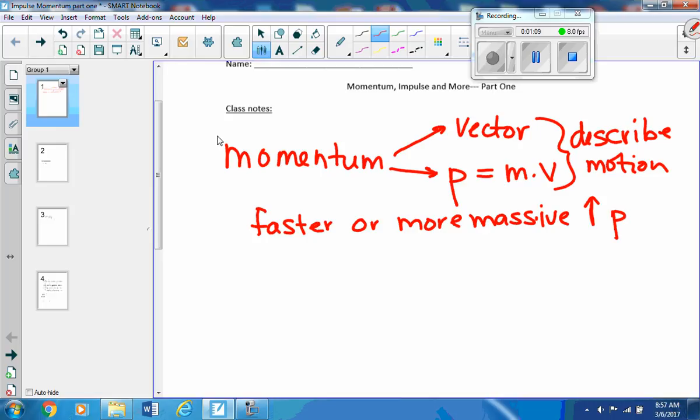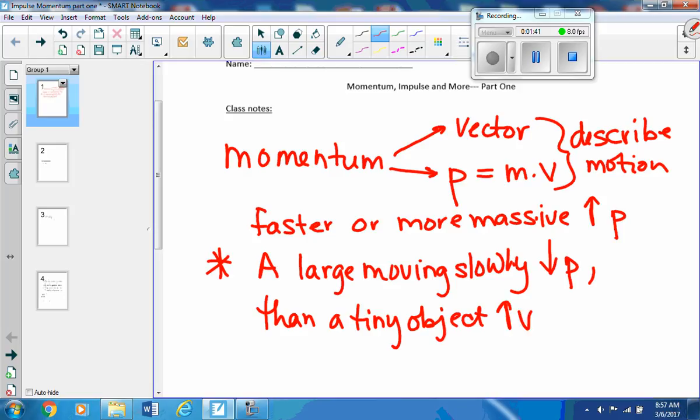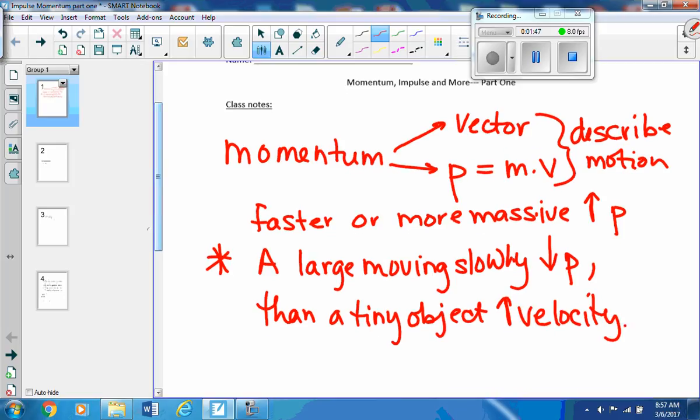Another thing that you should think of when we're asking you questions is that a large object moving slowly can have less momentum than a tiny object with high velocity. All right. So let's see.